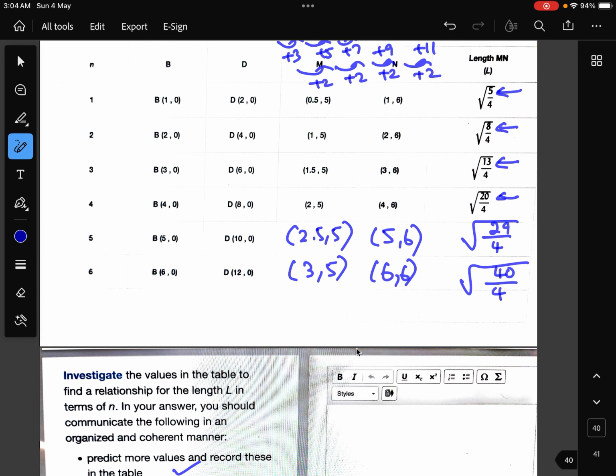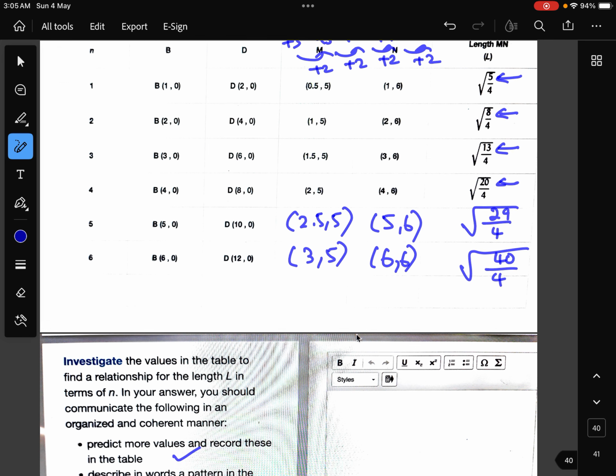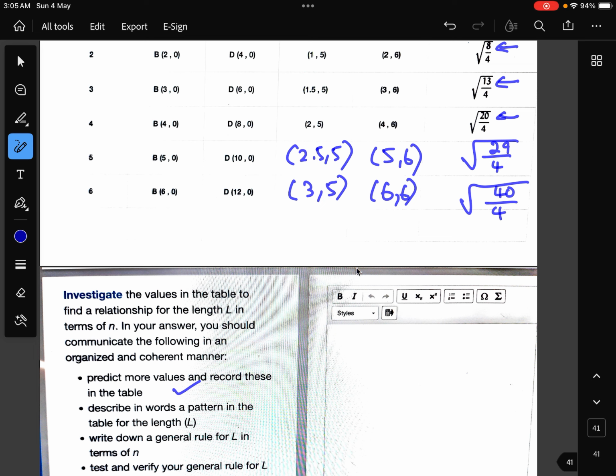Some of you may be looking at just simply the numerator and the denominator.